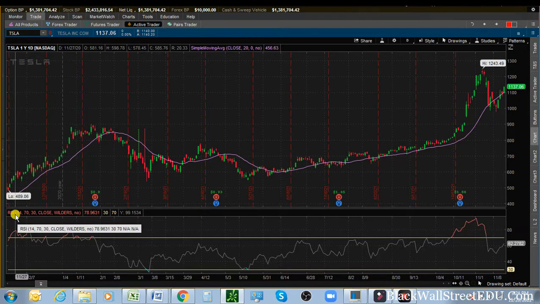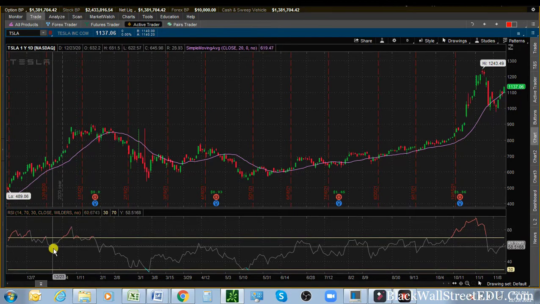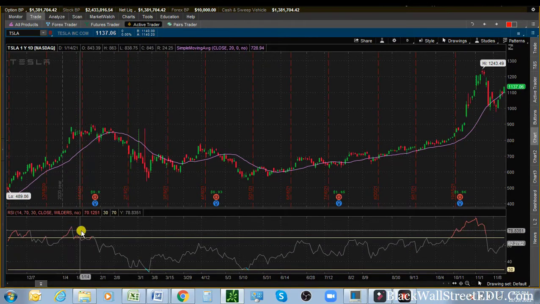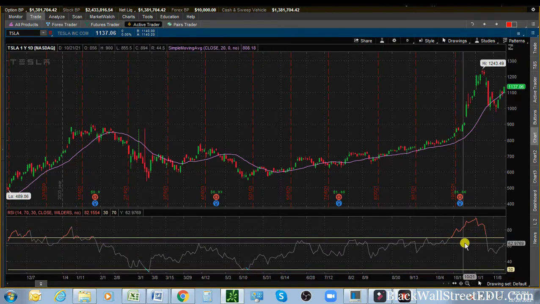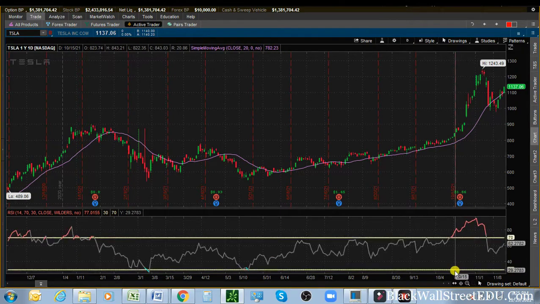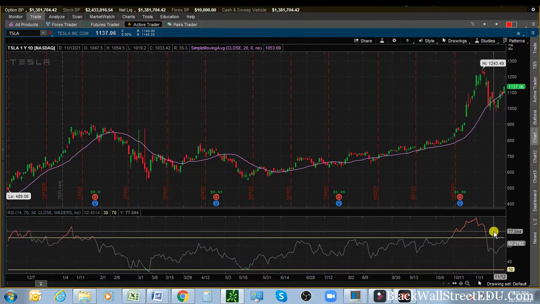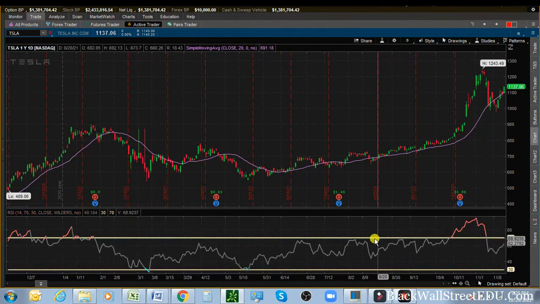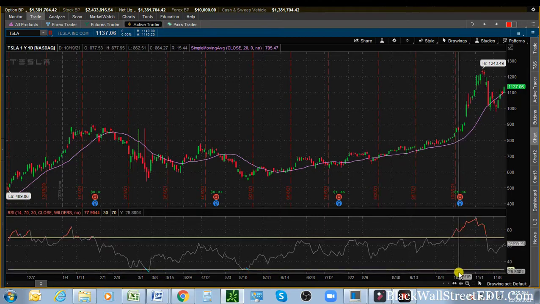What that does is it tells you if something is either oversold or overbought. Anytime you see these yellow lines here, this one is at 70. Some people consider 80 to be overbought, but right here on Thinkorswim it has 70 as overbought, and it has 30 as oversold. Some people consider 20 to be oversold, but that's what we're dealing with right now.